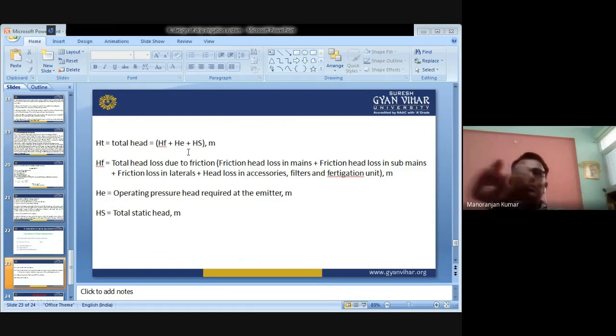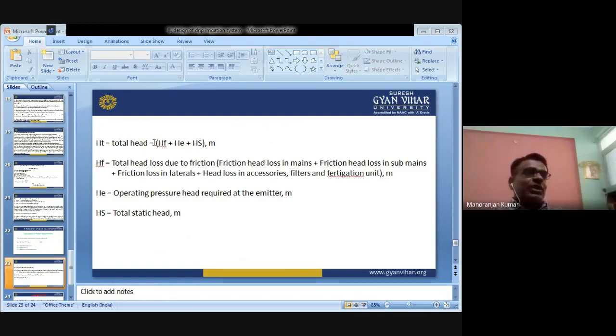Non-pressure-compensating emitters have an operating pressure generally of 10 meter, or 1 kg. Both are the same, 10 meter or 1 kg. HS is the total static head. Static head means, roughly, if you are using an open well, the distance between the pump inlet and the water level in the well. That is the static head.